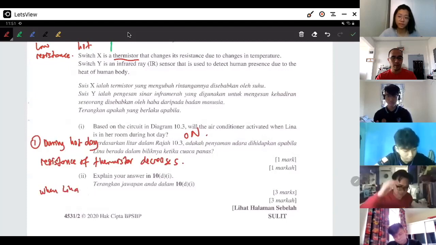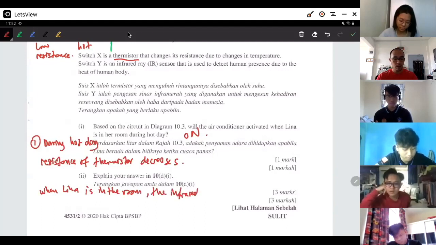When Lina is in the room, the infrared sensor will turn on.